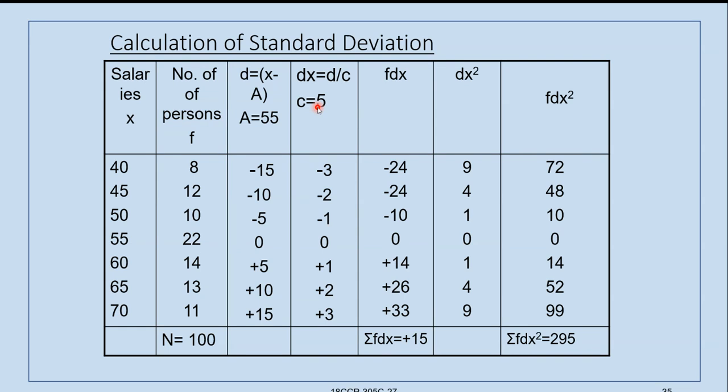Common factor I will explain you once again. Here we have 15, 10, 5, 5, 10, 15. Every number is divided by 5.